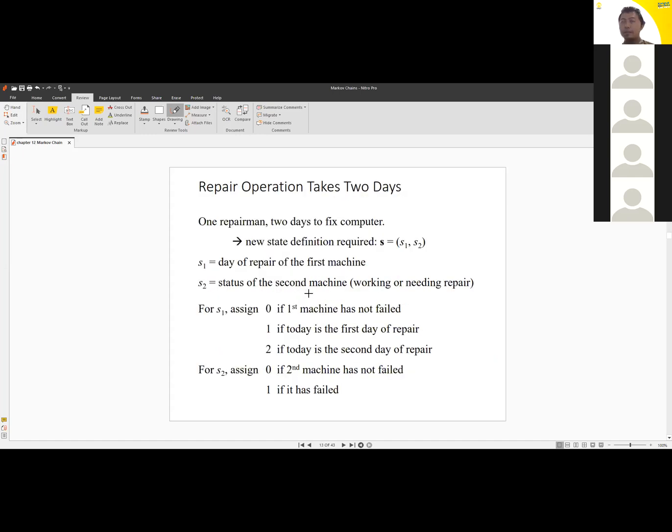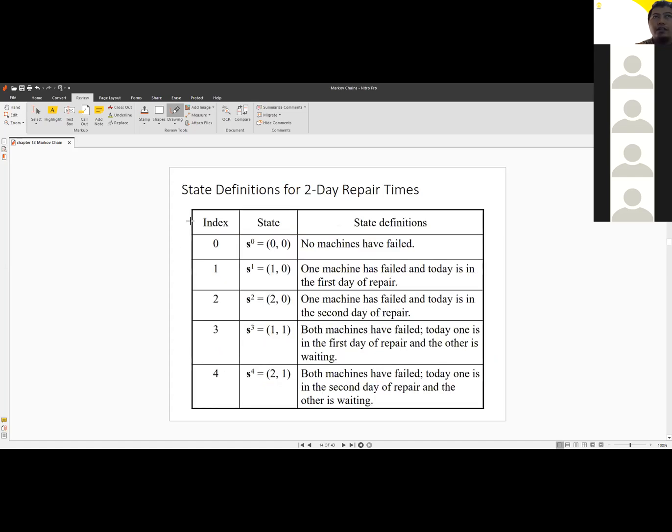This is another example. You can exercise by yourself as well. This is the state definition for today's requirement. As the number of states grows, you have to define them carefully. Then you have to define the number of possible states.